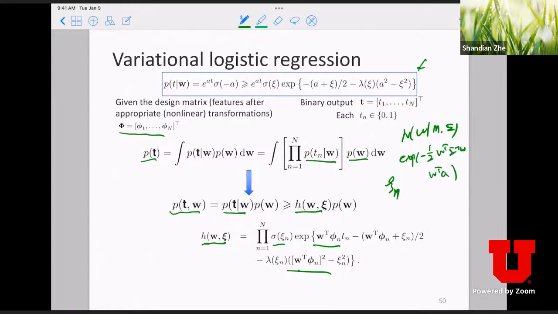So if you substitute w into our variational lower bound, you see that the form is very similar. That means if you merge the prior with the lower bound together, it is very easy to compute the posterior distribution. Of course, this posterior distribution is not the exact posterior because you're computing it based on the lower bound.